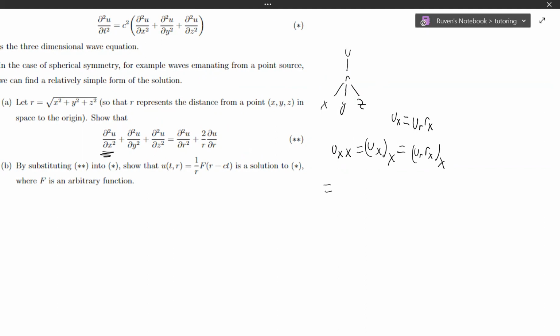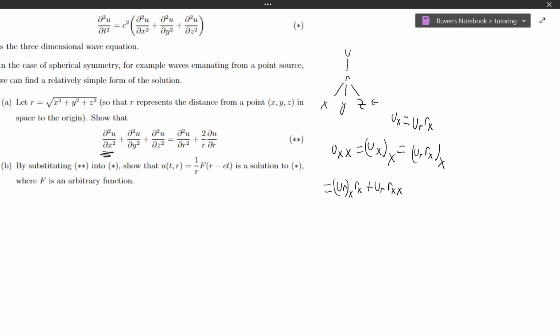So this is equal to the x-derivative of u_r times r_x plus u_r times r_xx. This second one is simple because it's on the same level, so it's just going to be the second derivative of r with respect to x. But over here, we need to start thinking about how to take this.